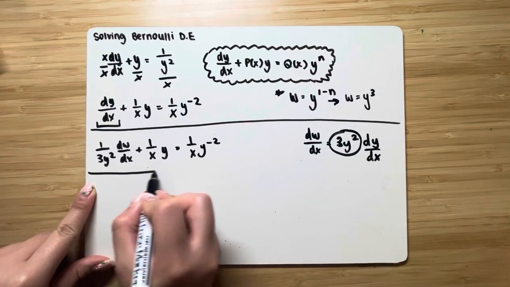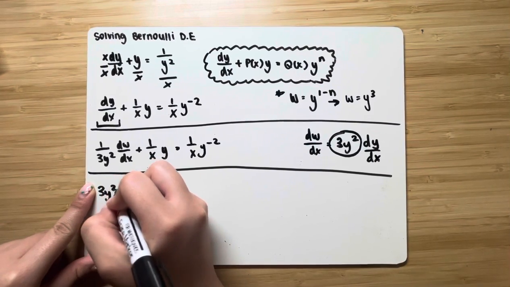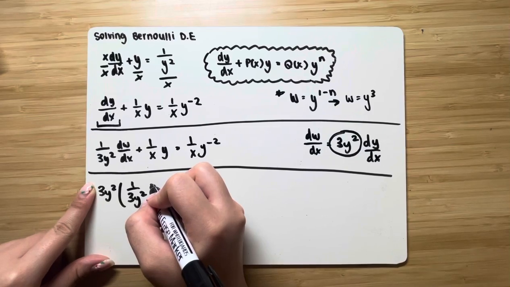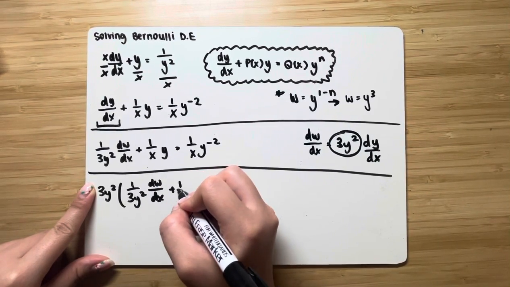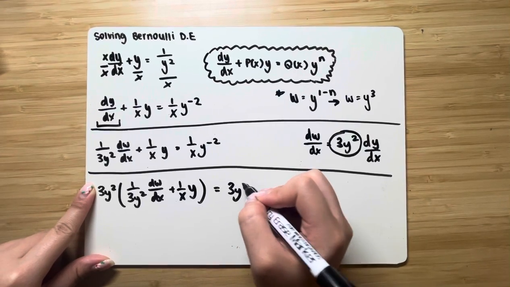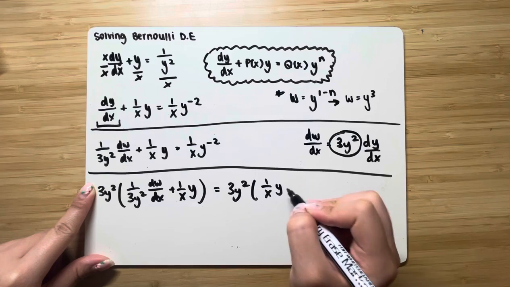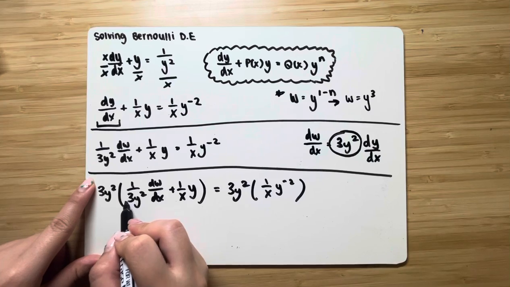So you will then have 3y squared times 1 over 3y squared dw dx plus 1 over xy equals 3y squared times 1 over x y to the negative second power. Now this and this cancel out.